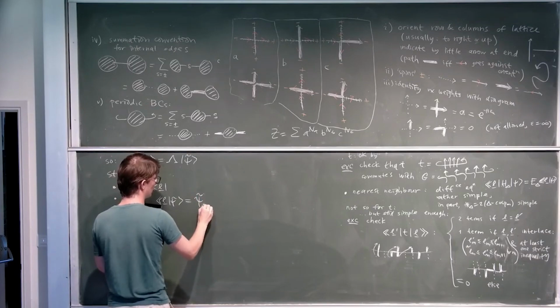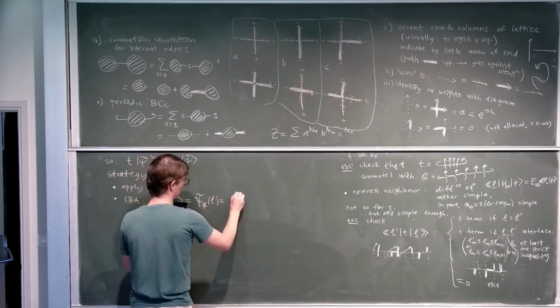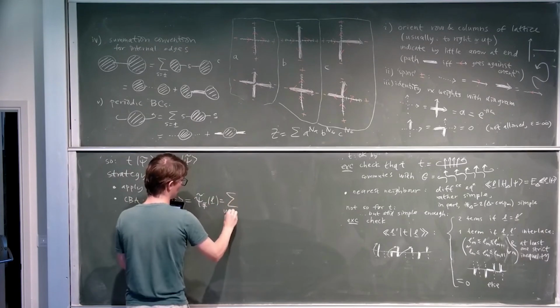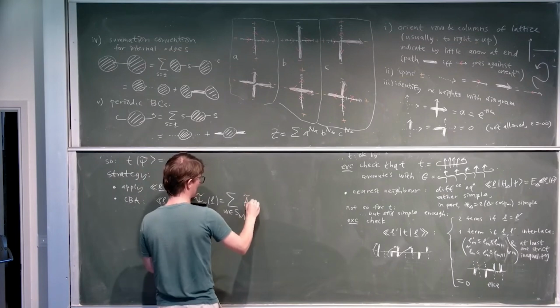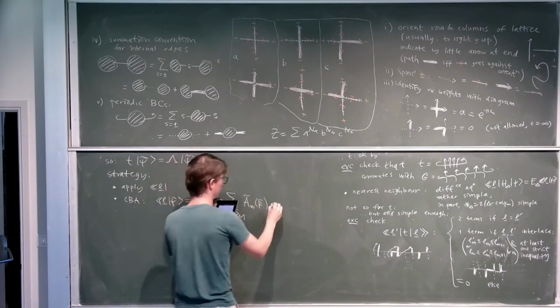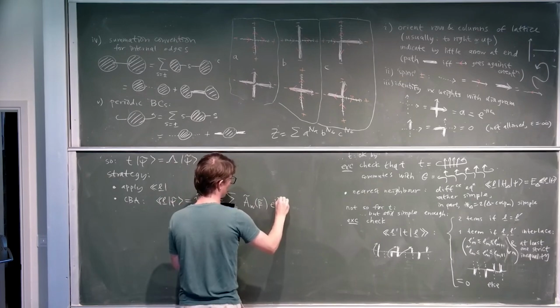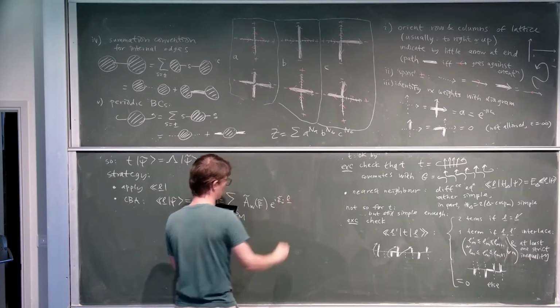Remember, there was a parameter p, which I will now call p tilde, and it depends on L. Sum over all the permutations of the thick lines, some coefficients, let's say a tilde, depending on the permutation and on our parameters, and then these plane waves with p tildes now and permuted like before.